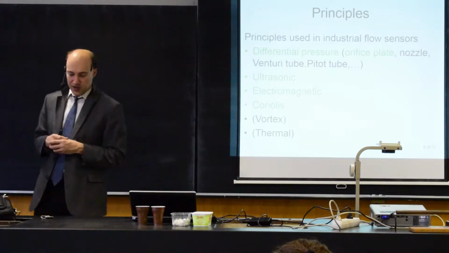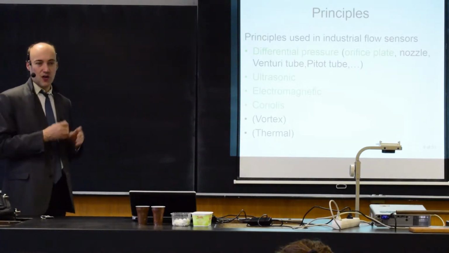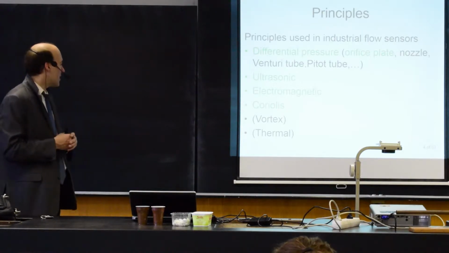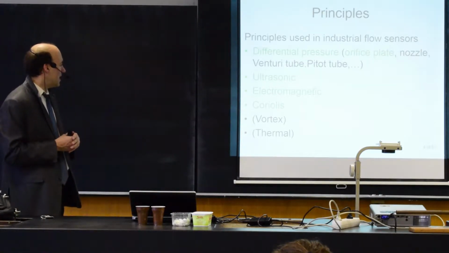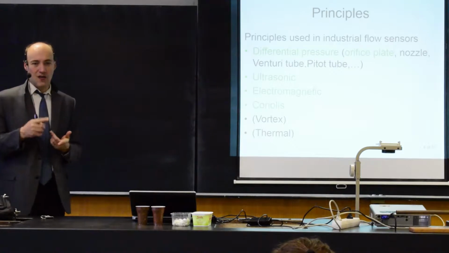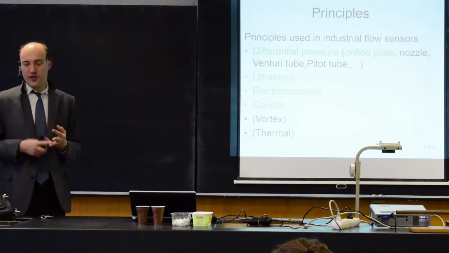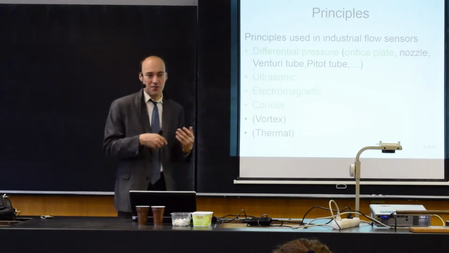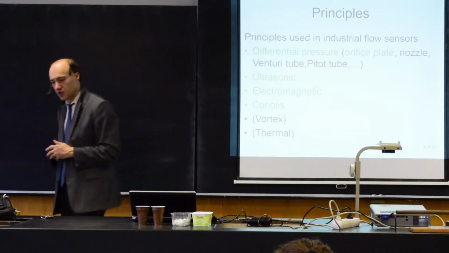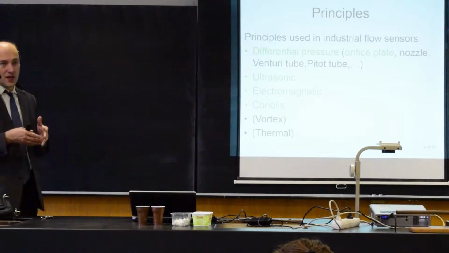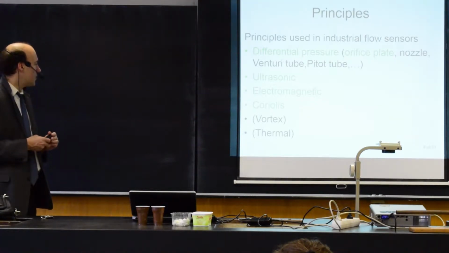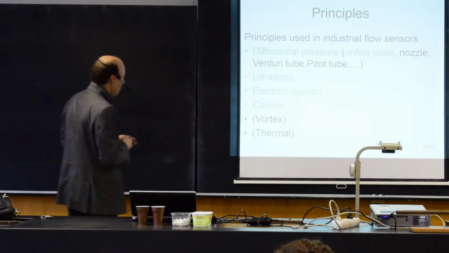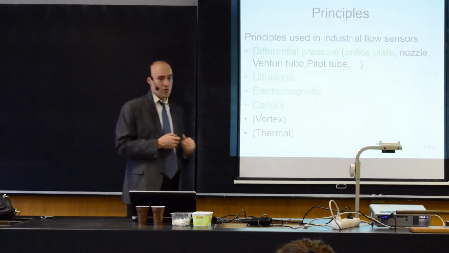In those sensors here, we will use just orifice plates. You will see in a few minutes what that is. The others are nozzles, venturi tubes, pitot tubes, and so on. I have found a nice video that explains how all those devices work, so we'll not go into detail about those sensors. Then we will discuss an ultrasonic flow meter.